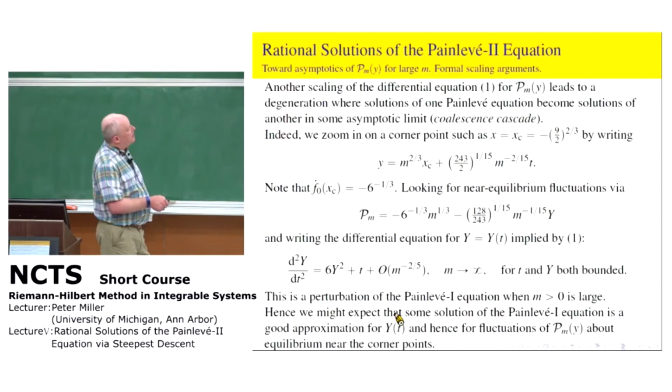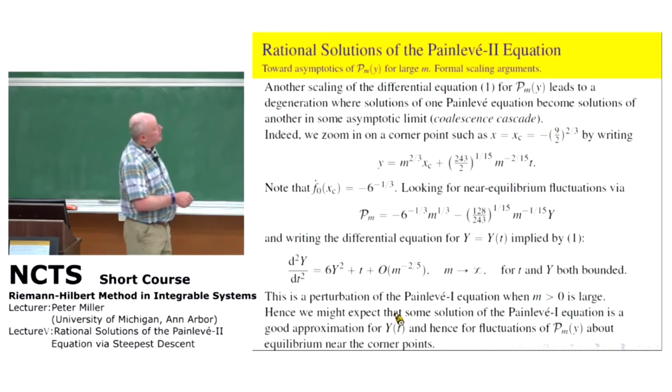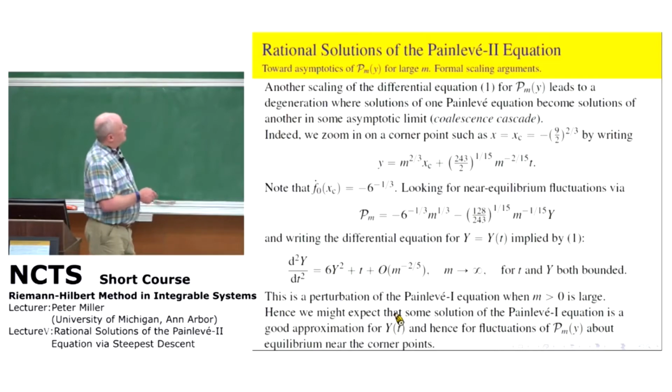And the fluctuation now, instead of writing it in terms of w, I'm going to use t as the new independent variable. And now the scale is different, m to the minus 2/15, which looks weird, but that's the right number. And there's another constant, which is just for convenience to make the equation come out nice. Then we may notice that this equilibrium solution at the corner point has exactly the value minus 6 to the negative 1/3.